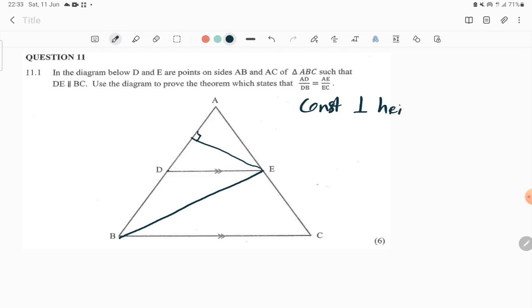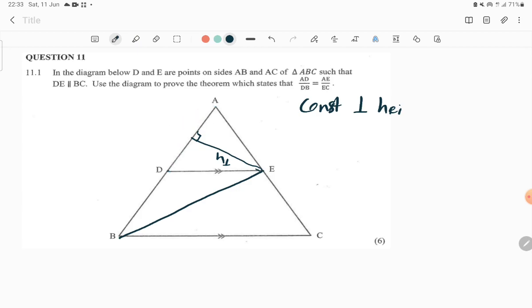Now we just need to find the ratio of this triangle and this triangle. After finding this ratio, we go to another side. Since this height, we can just call it the height, it has to be perpendicular to this base.